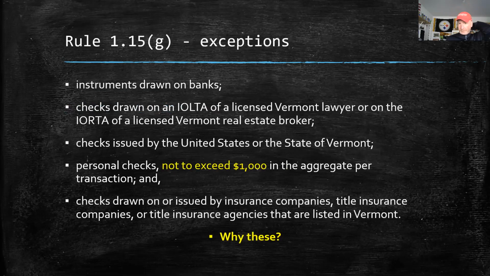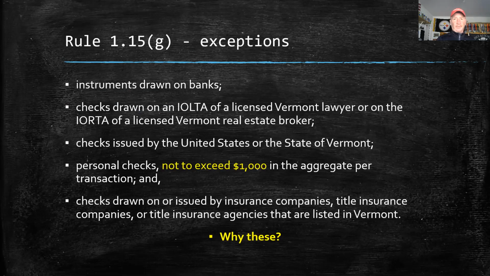Now, these are the exceptions in Rule 1.15(g) to the rule that prohibits disbursing without collected funds. Lawyers in Vermont are allowed to disburse against these types of instruments on deposit. I won't read through them all. IOLTA checks, IORTA checks, personal checks, as long as they don't exceed $1,000 in the aggregate per transaction. Insurance company checks. Why these?